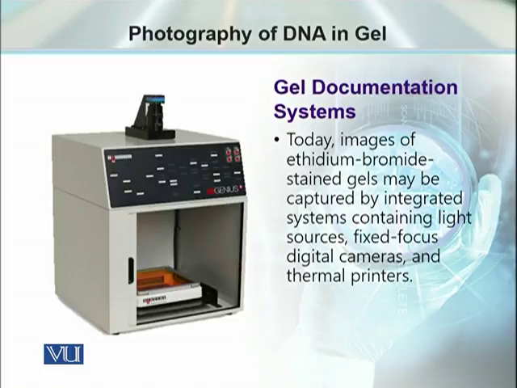They are fixed or installed with the cameras, and they have a dark chamber where you can place the gel, and after emitting the UV through the transmission system, the camera is going to detect the picture or is going to detect the DNA bands, which are later on printed by using thermal printers.